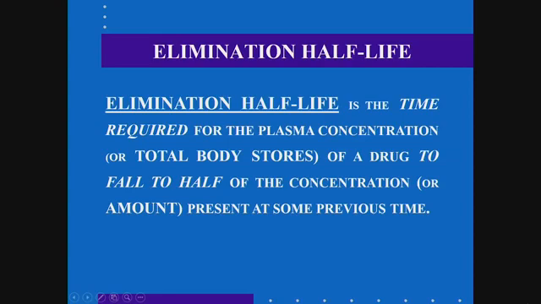So, simple definition, elimination half-life: the time required for the plasma concentration or the total body stores of the drug to fall to half of the concentration or amount present at some previous time.